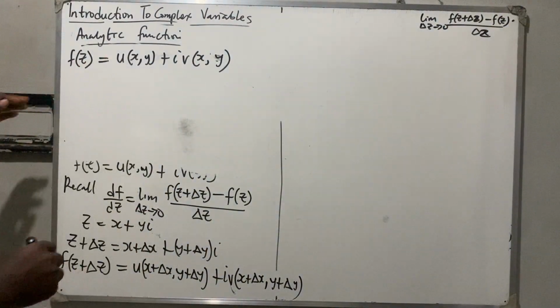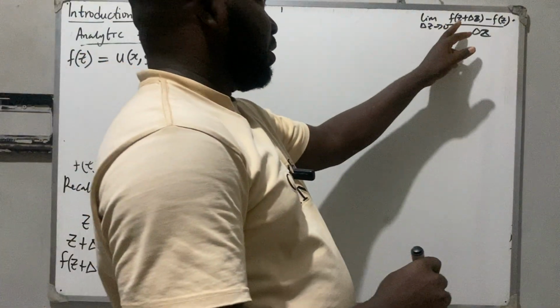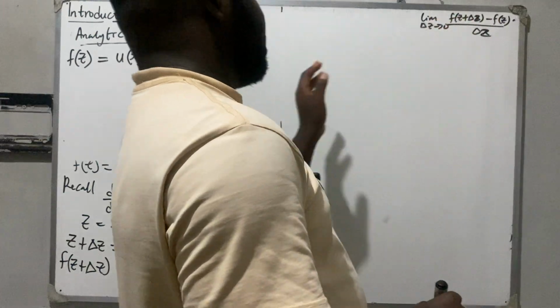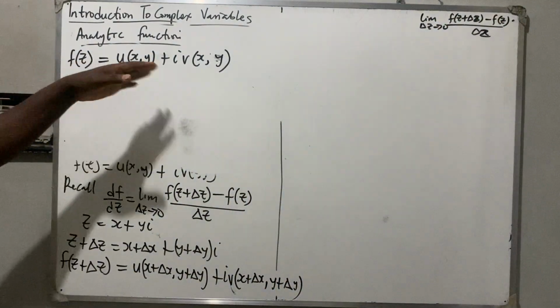So since we have f of z plus delta z, let us add delta z everywhere.